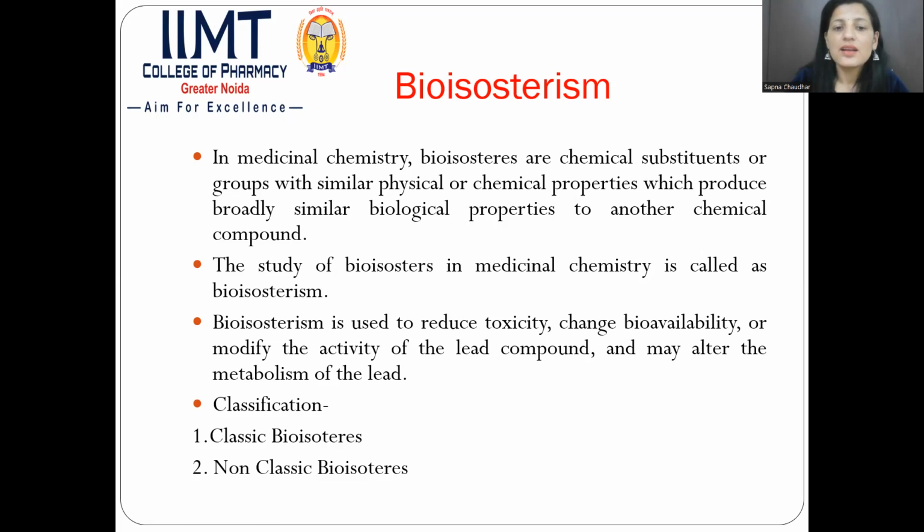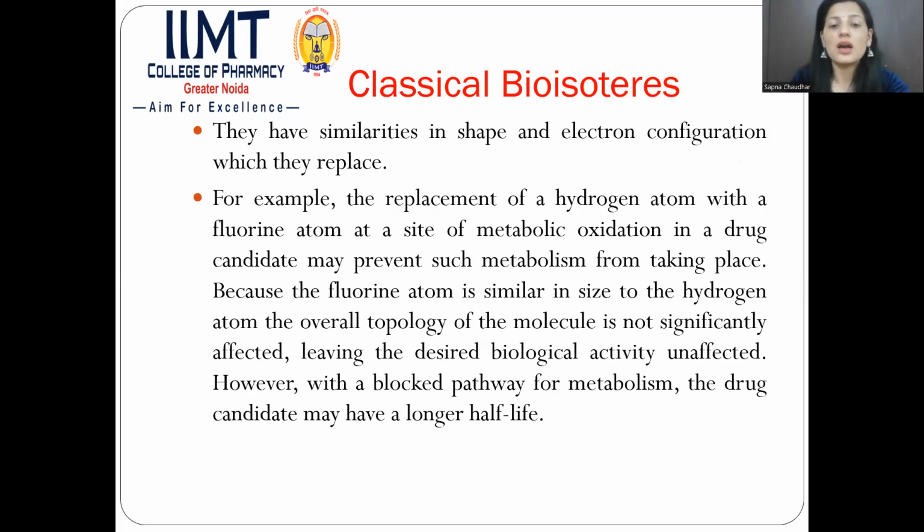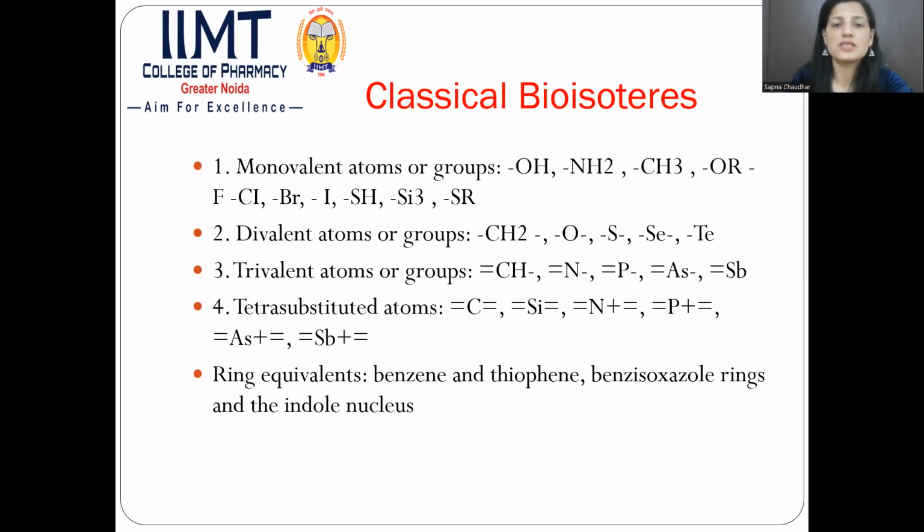They are either classical bioisosters or non-classical bioisosters. Classical bioisosters are also divided into monovalent, divalent, trivalent, tetravalent, or ring equivalent bioisosters. These are a few examples which indicate the monovalent, divalent, trivalent, tetravalent, and ring equivalent bioisosters.